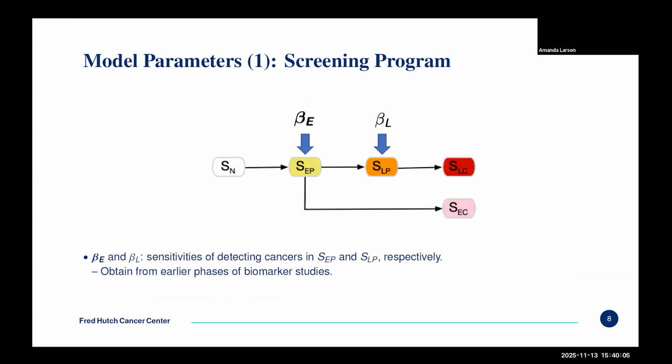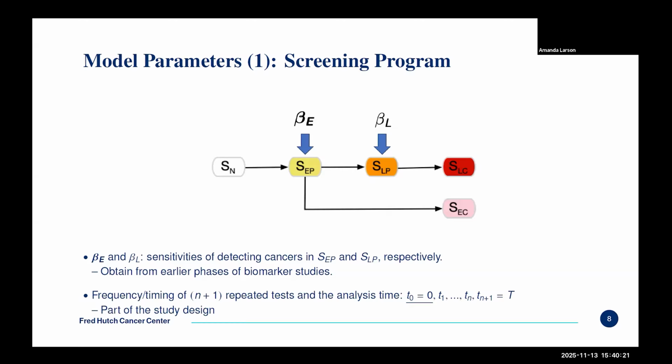Of course, we will see higher sensitivity in late preclinical, but lower sensitivity in early preclinical. This can usually be obtained from earlier phase biomarker studies. And then we also need to determine the frequency and timing of repeated tests and analysis time. That's also part of the model and part of the design.